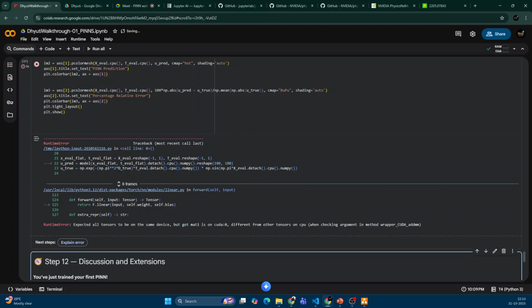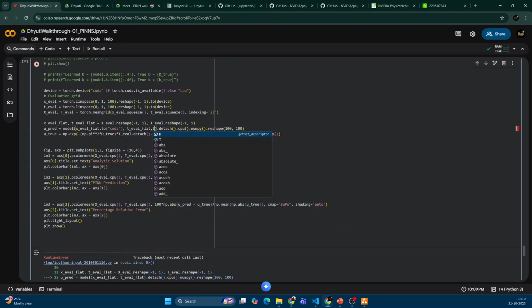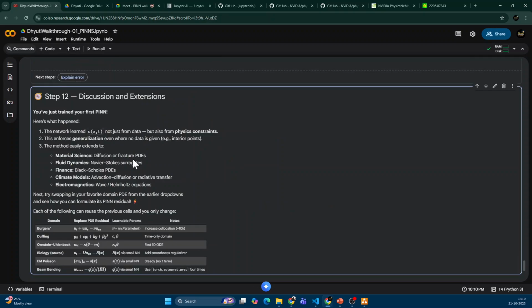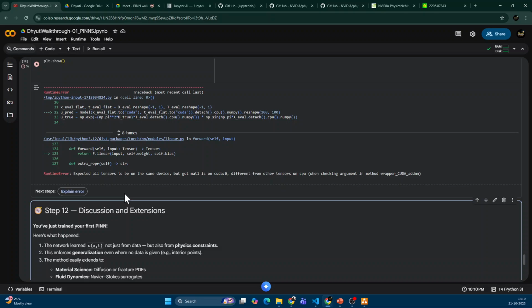So when you're using a GPU, the constraint is that you have to ensure that your tensors, your model, everything is on the same device. Yeah, that's where you do .to(device), with CUDA, so that it goes to CPU if CUDA is not available.